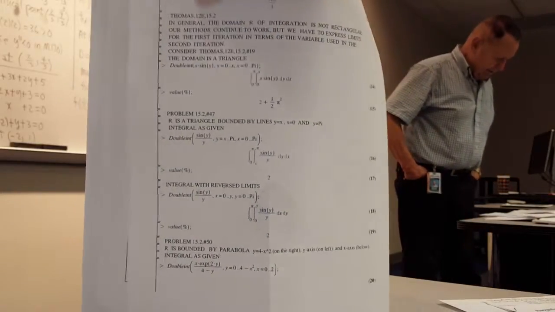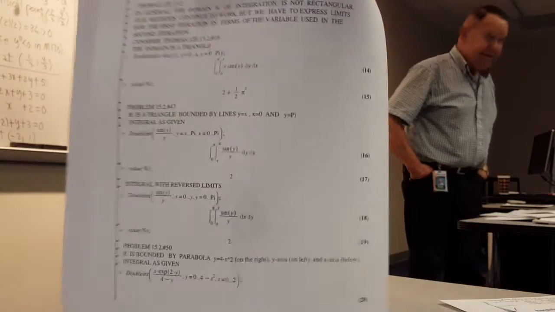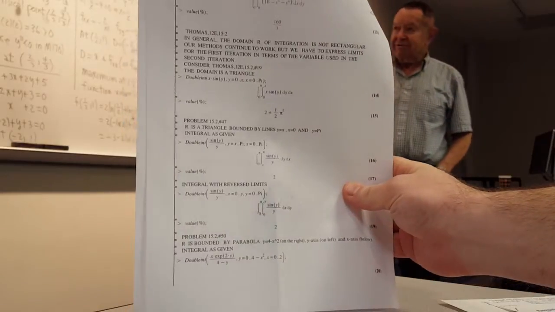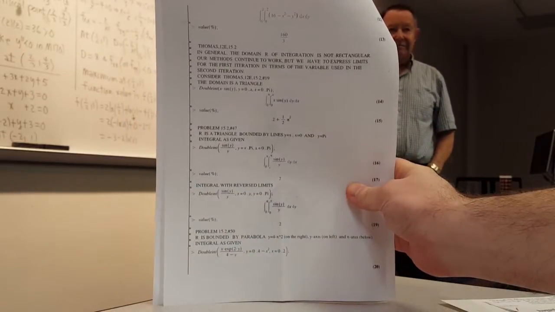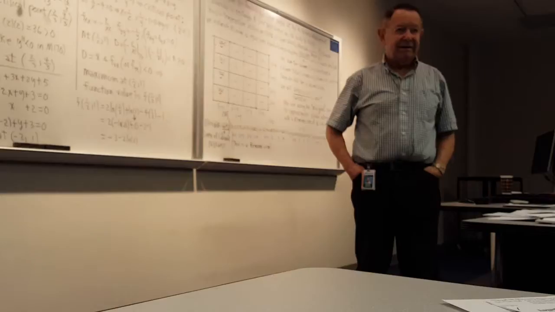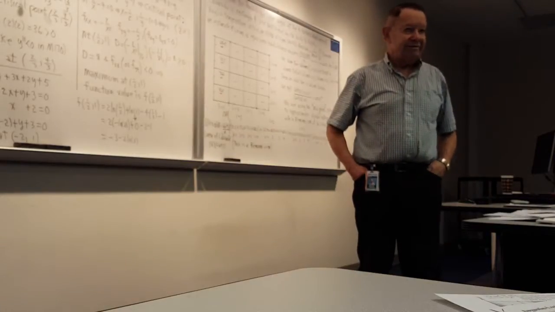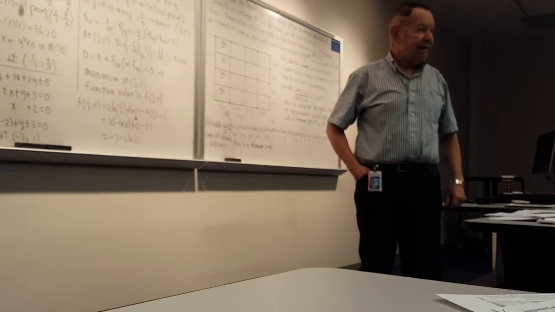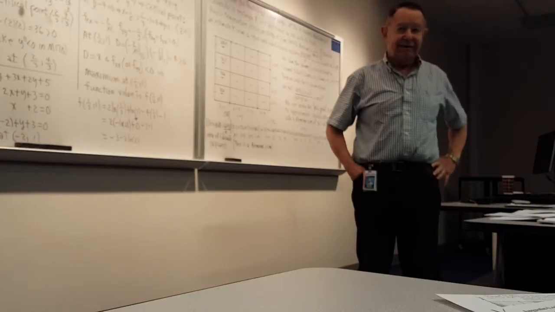So what we will talk about tomorrow then is the more complicated situation where your region might be a triangle, or it might be partly bounded with a straight line and partly with a parabola or something like that.